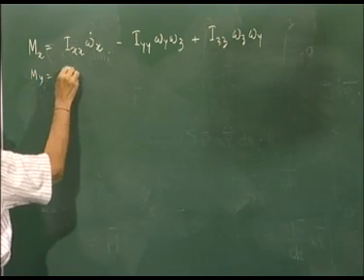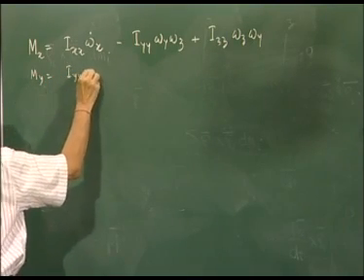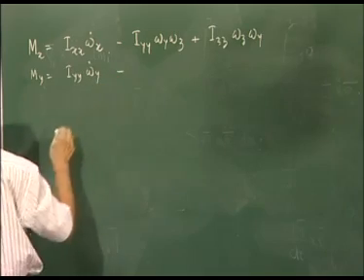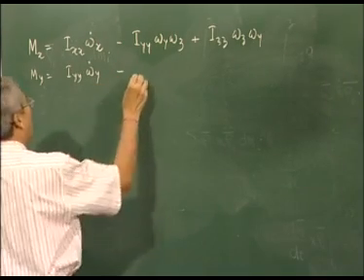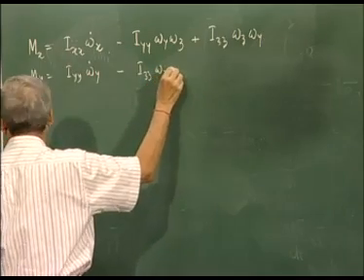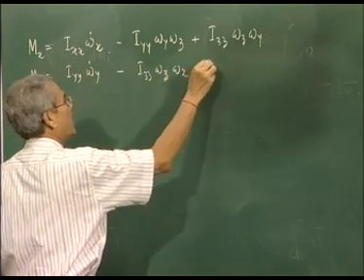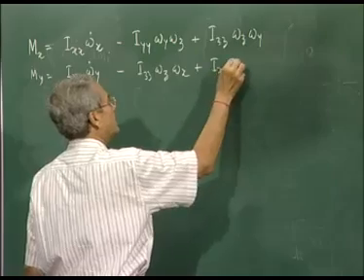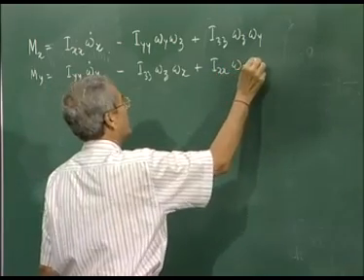My is Iyy omega y dot minus Izz omega z omega x plus Ixx omega x omega z.